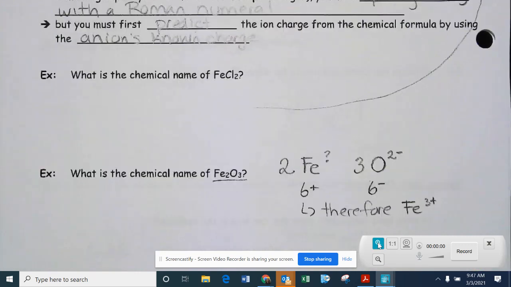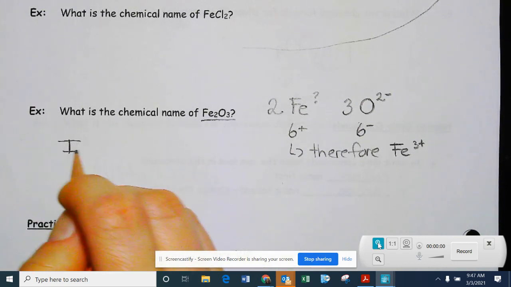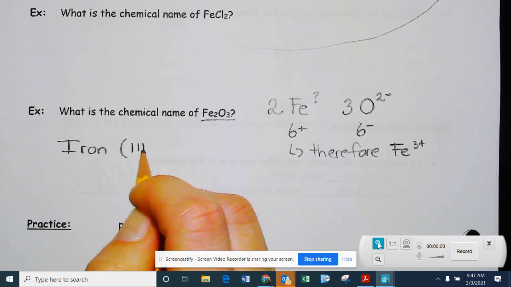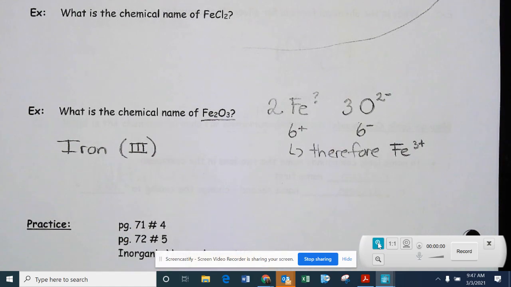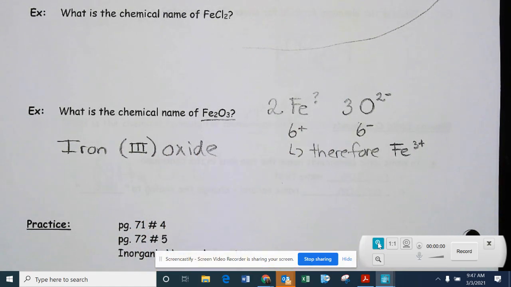And then you could also do this with that reverse crisscross thing that I showed you as well. That would be another way to do this. So we're going to name this iron. What am I putting in my brackets? Awesome, 3 in Roman numerals. And then oxide. That's the compound's name.